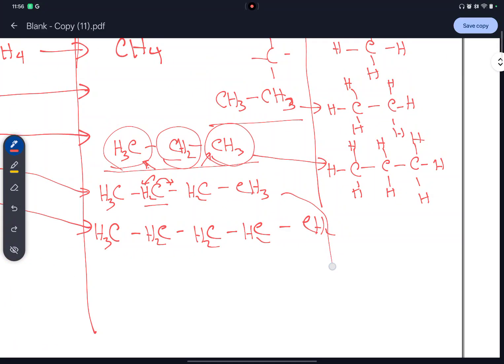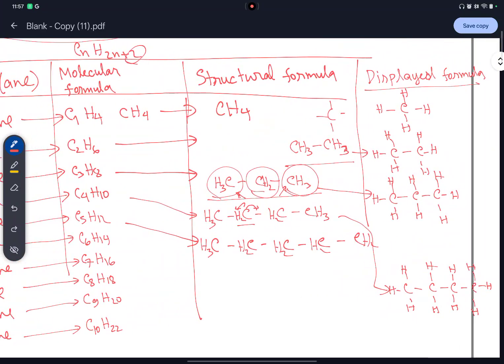I'll show the butane one now. 4 carbons like this, 1, 2, 3, 4. Single bond between them. Now 1, 2, 3. Single hydrogen, single hydrogen, single hydrogen. So this was our displayed formula of butane.